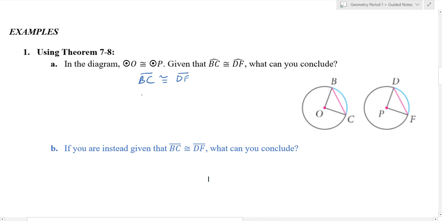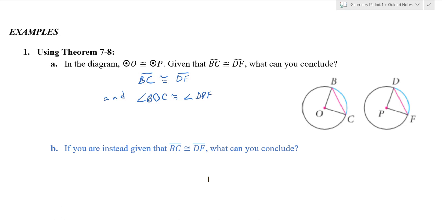And we can also say that the central angle BOC is congruent to angle DPF. And there we have that. That's based on theorem 7.8.